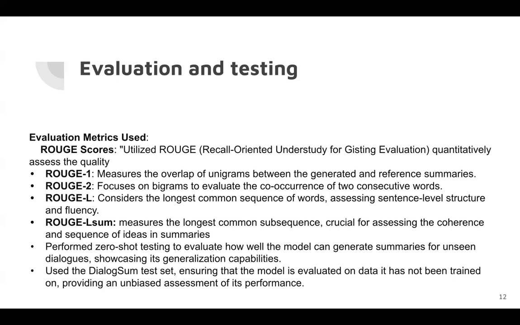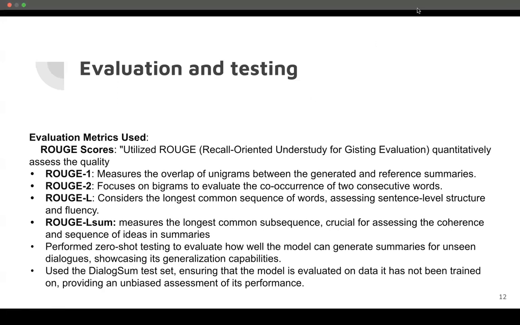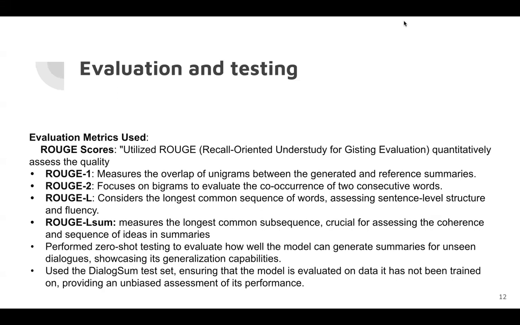After that, we performed zero-shot testing to evaluate how well the model can generate summaries for unseen dialogues, showcasing the generalization capabilities. And we used the DialogSum test set, ensuring the model is evaluated on data that it has not been previously trained on, which provided an unbiased assessment of its performance.